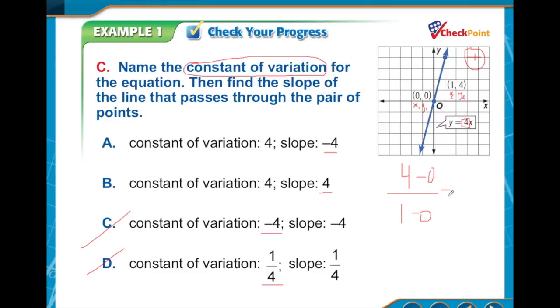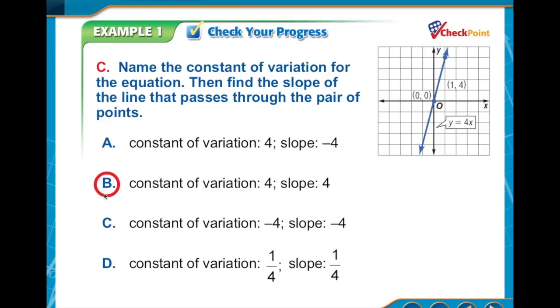So what is my slope? Just to confirm, 4 over 1, which is just a +4. So we know that A is wrong because this is negative. That's not okay. So B is our correct answer on 1C. Very easy, not too bad at all.